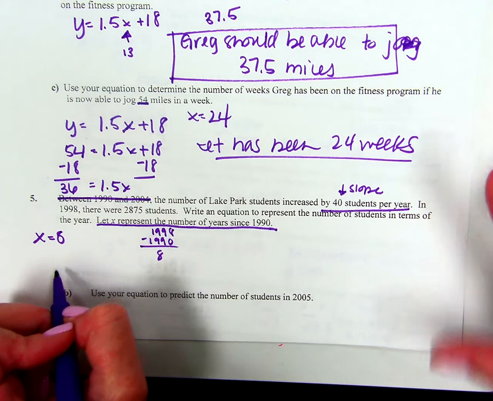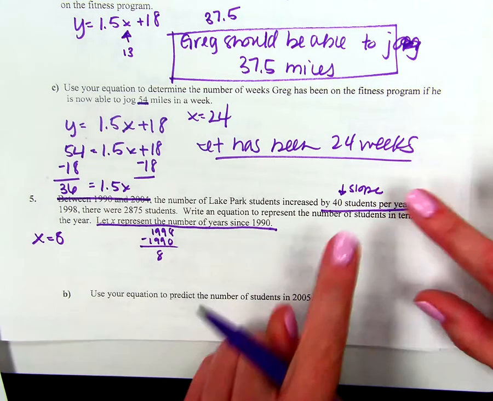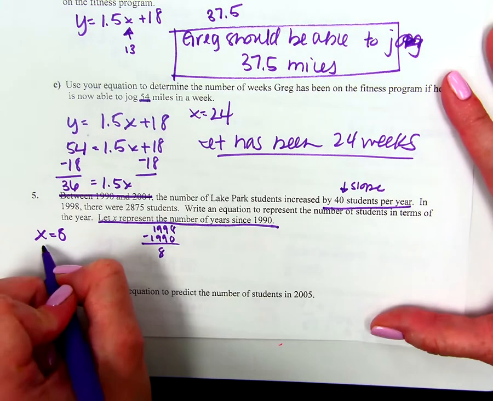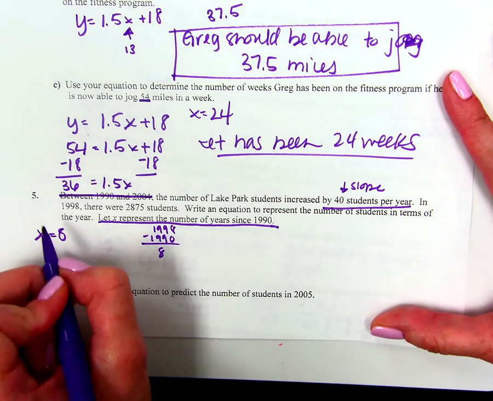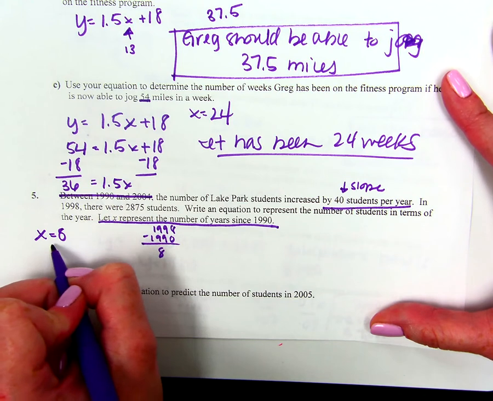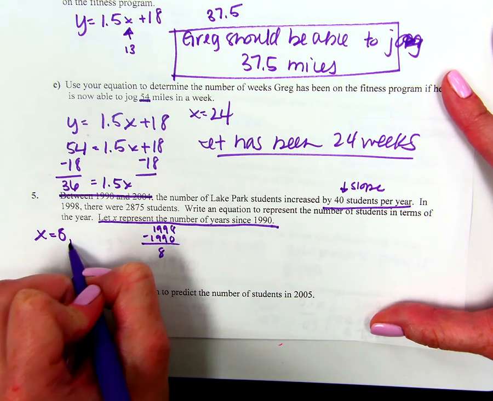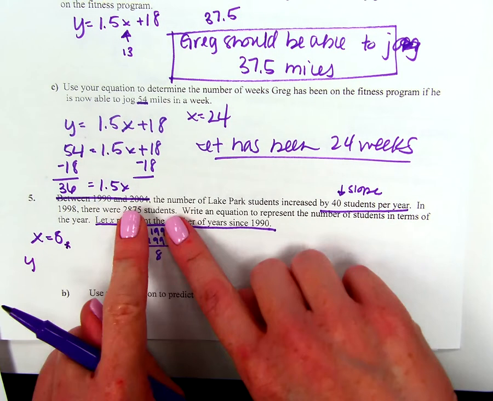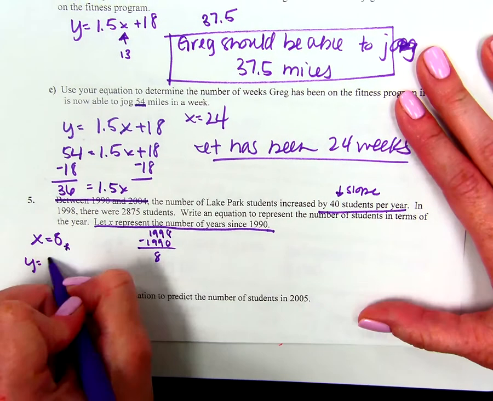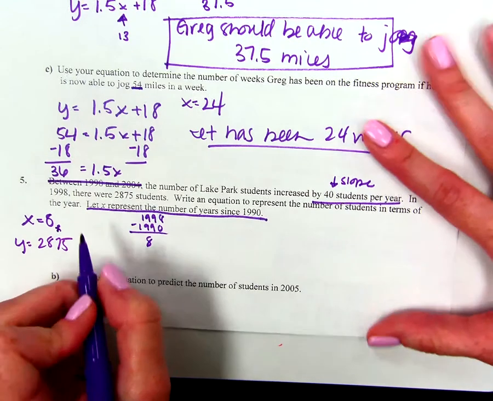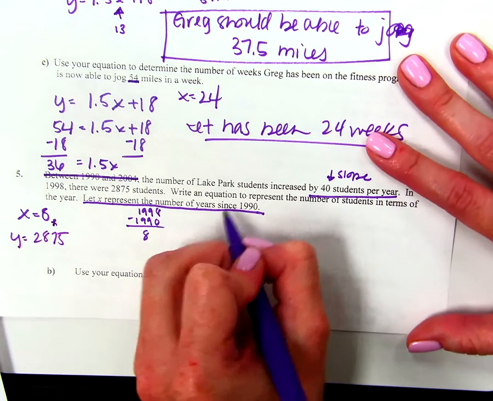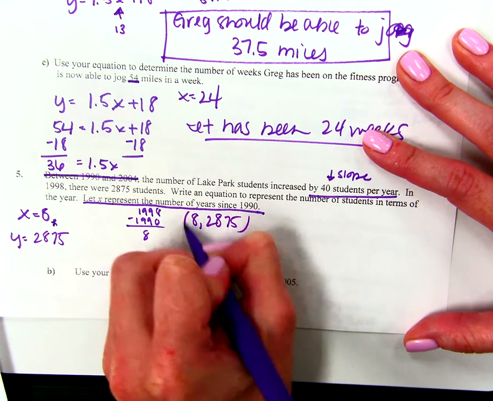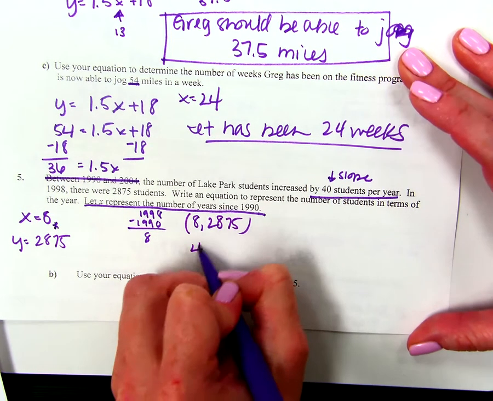So in my ordered pair, just like I needed for the top, I have my slope, I have an x, and I have a y. So I'm going to do a point slope form again. So x is my year since 1990, so that would be 8. And then my y is my number of students. So in 1998, what was my number of students? And my y is 2,875. So that gives me the ordered pair of 8, 2,875, and my slope is 40 students.